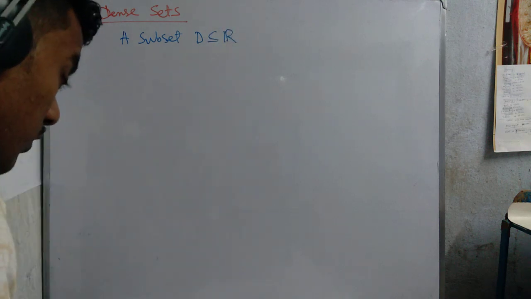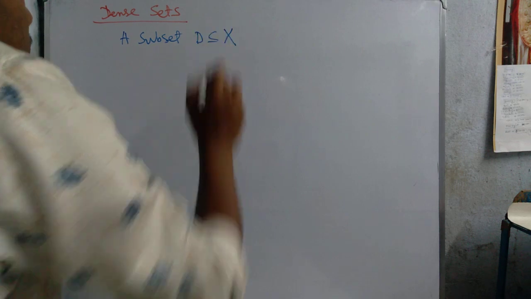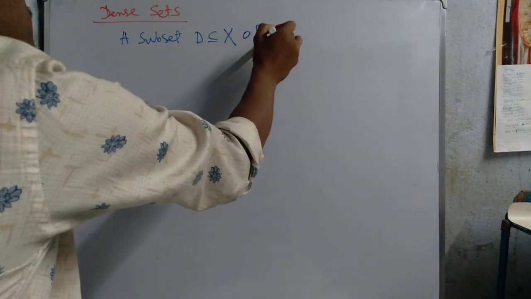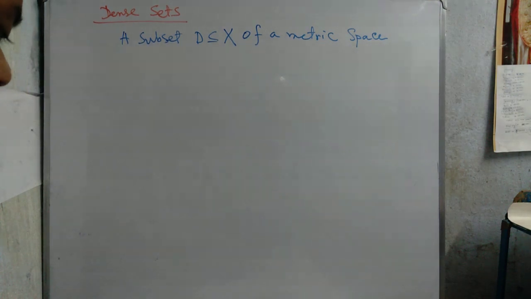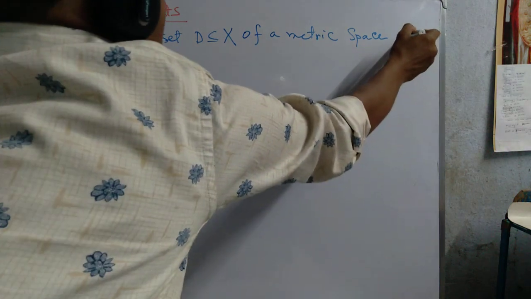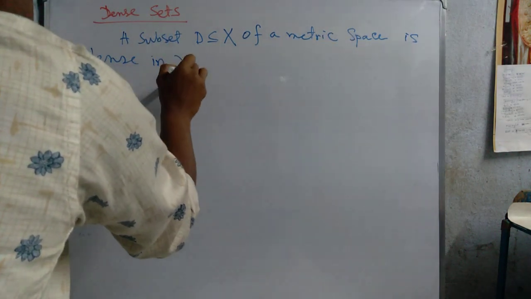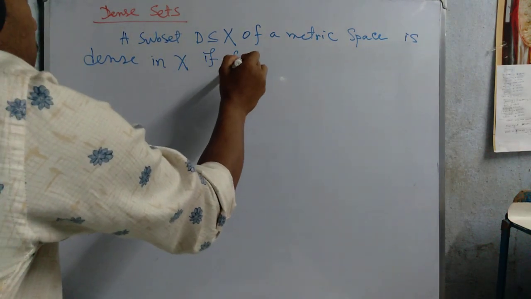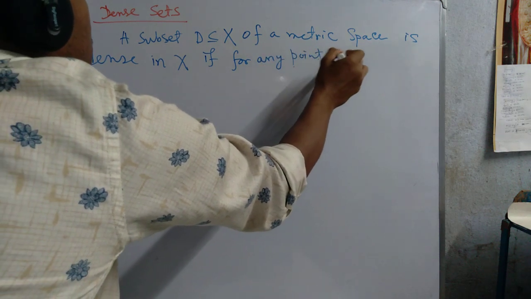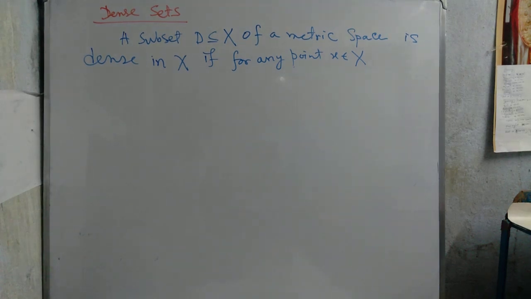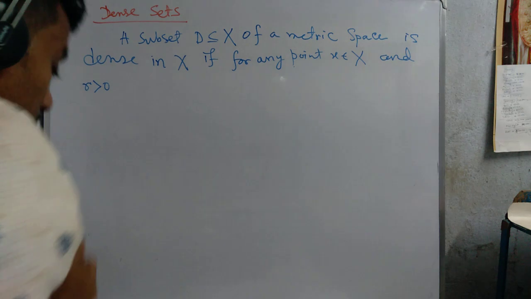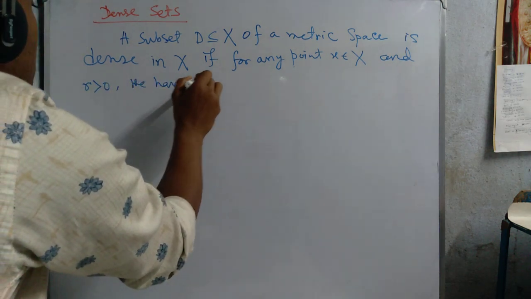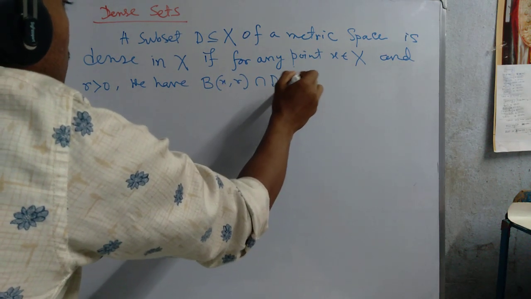A subset D subset of X, any set X, here we construct a metric space. A subset D of X of a metric space is dense in X if for any point x belonging to this set X and r greater than 0, we have B(x, r) intersection D not equal to phi.